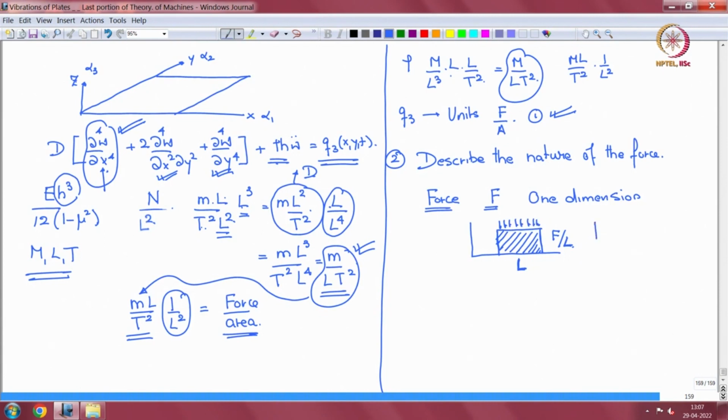So, if the length over which it acts is made bigger, let us say this is L1, this is L2, a longer length, then this is F by L2, which is smaller, but the total force remains the same. Now suppose we want to apply it over a very small length.